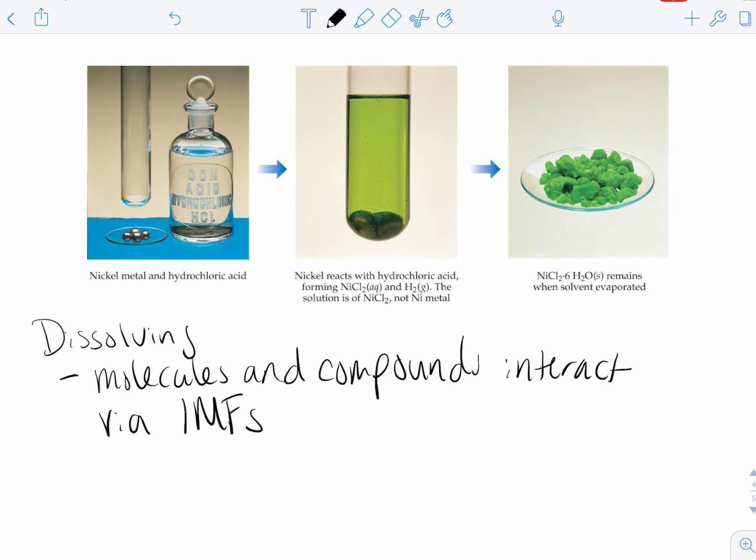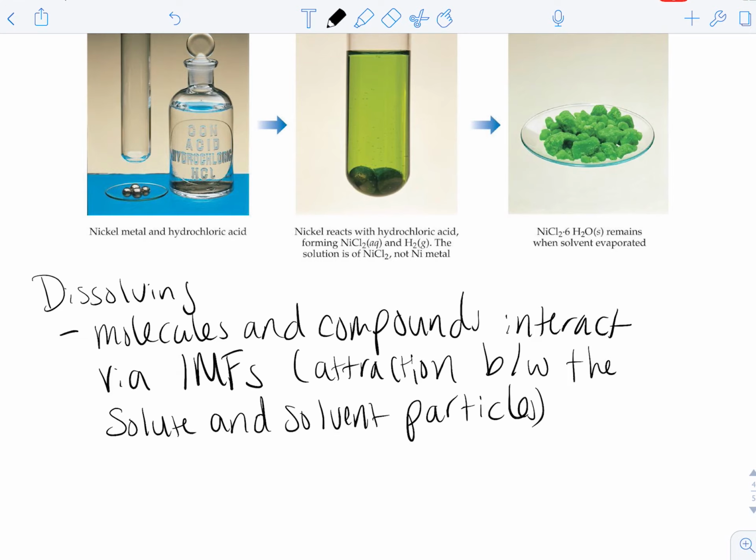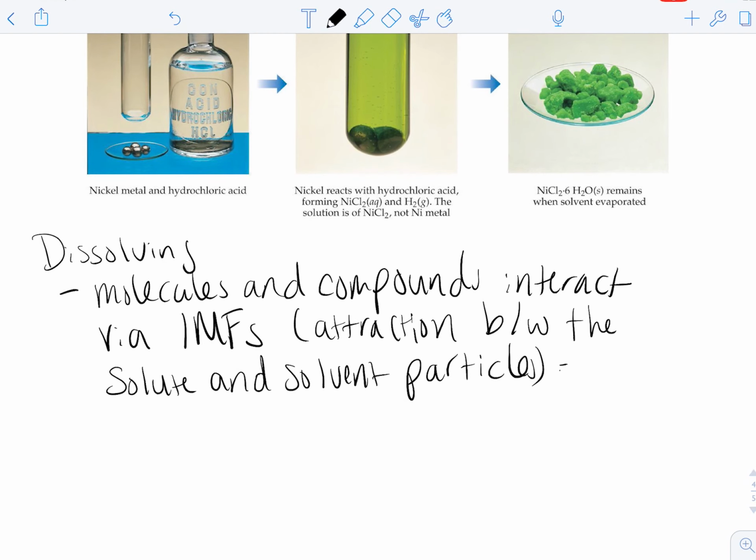So there is an attraction between the solute and solvent particles, and this is forming a solution.